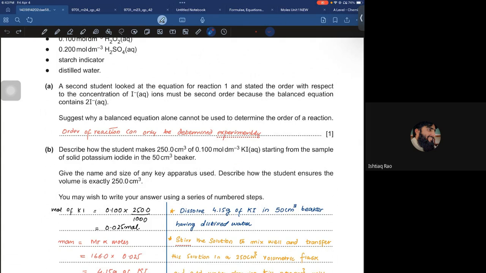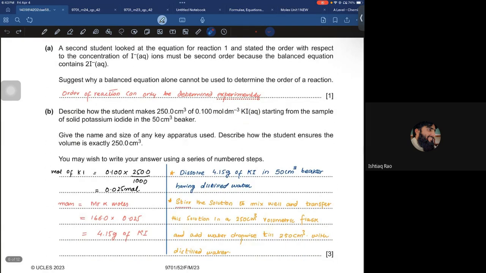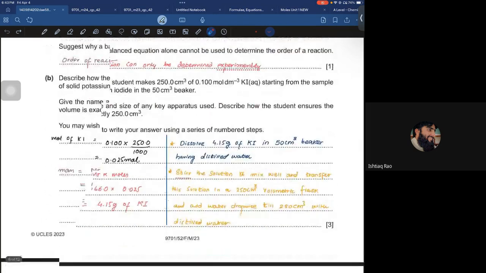So here you have to explain how we can prepare a solution of known concentration and also known volume. First of all, you have to find out the moles of potassium iodide.